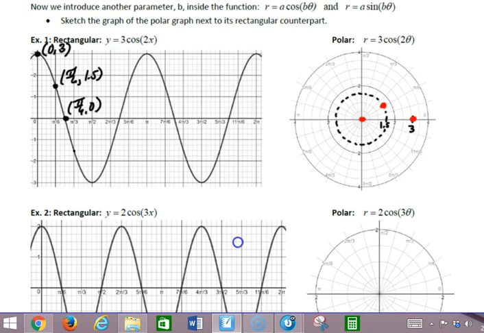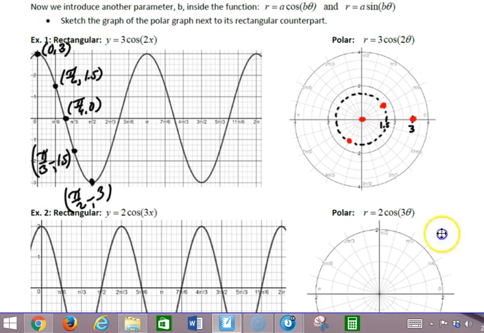Okay, so now we're down to negative values. So now I'm at pi over 3, negative 1.5. Pi over 3 is right here, but negative 1.5 is going to swing me back down here into quadrant 3. So that's right here. Then I end up with pi over 2, negative 3, which is the same as 3 pi over 2, positive 3.